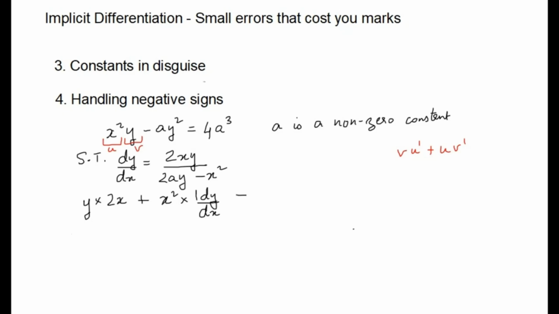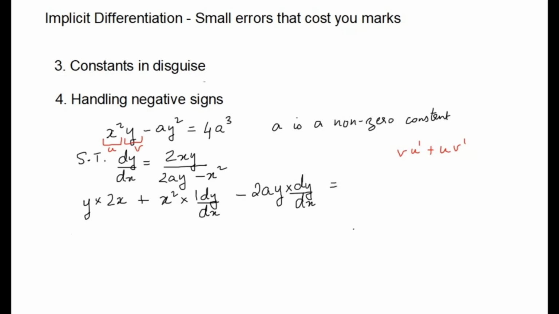minus, now we're going to differentiate negative a y squared, so that's negative 2, a is a constant, we leave it as it is, y, and since we are differentiating a y term again, it is dy by dx equal to, and here's where the error again pops in. On the right hand side we have 4a cubed.